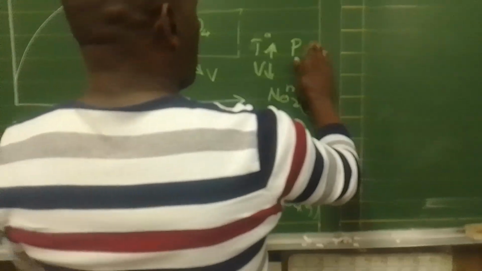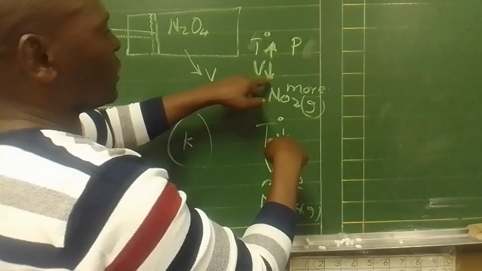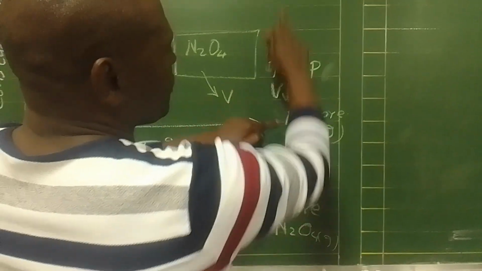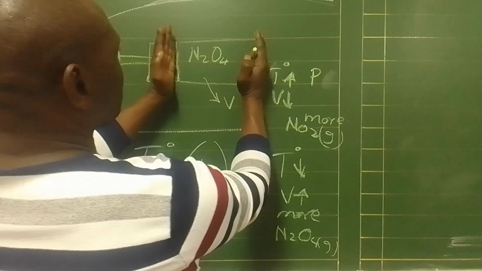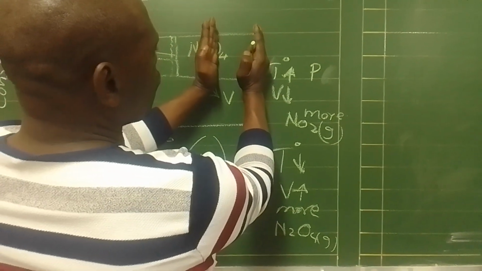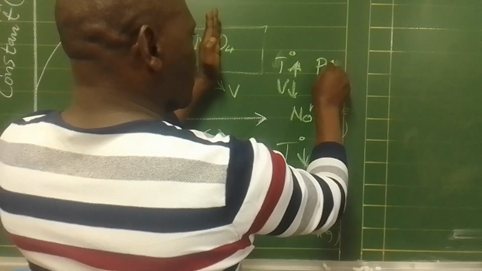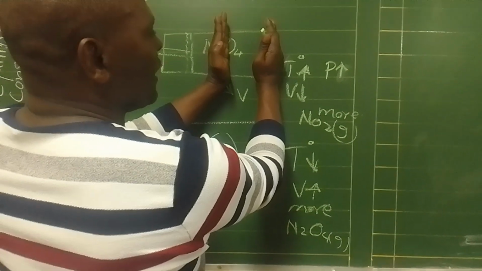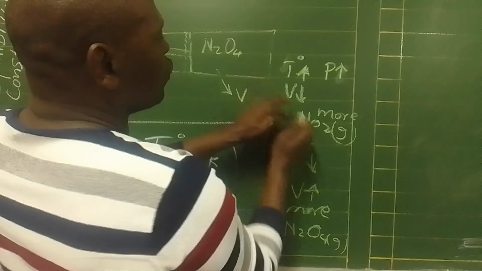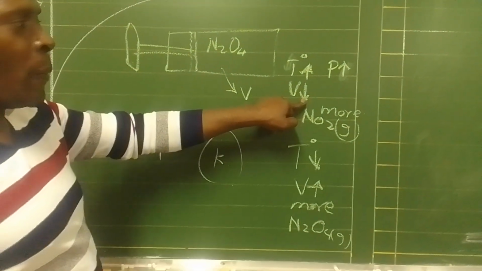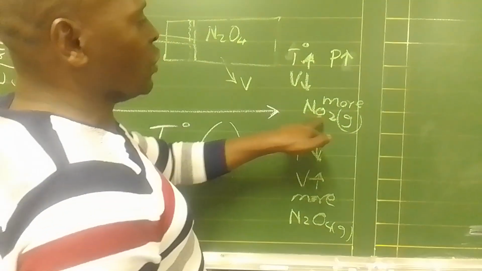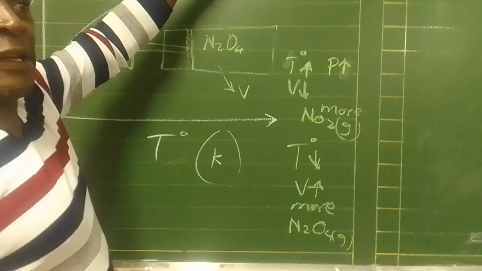When the volume drops, the temperature increases. That means when the volume drops, you have moved your plunger towards here, then there is pressure. The pressure is high, the temperature is high, the volume is low, and more of the NO2 will be formed.